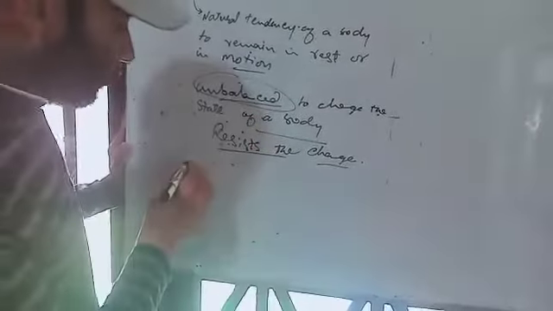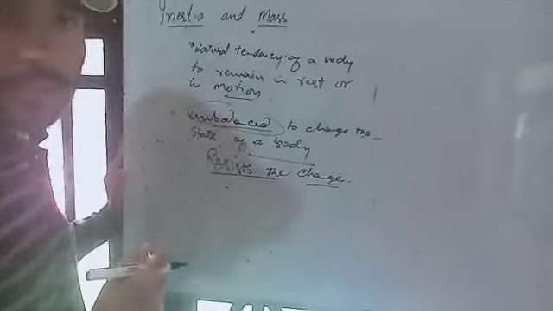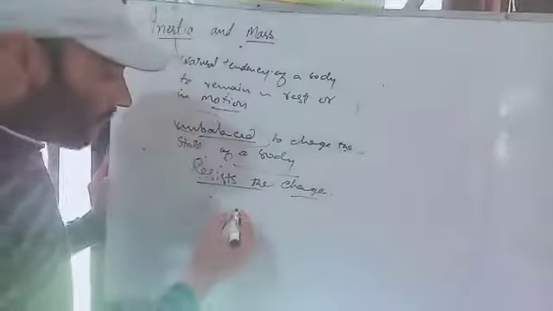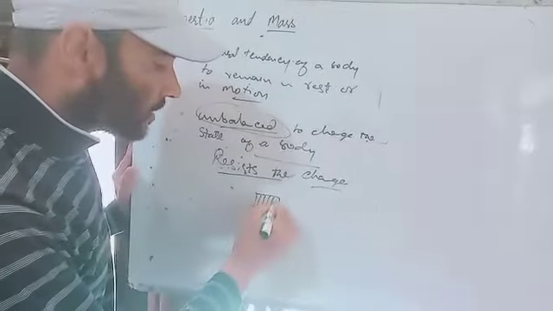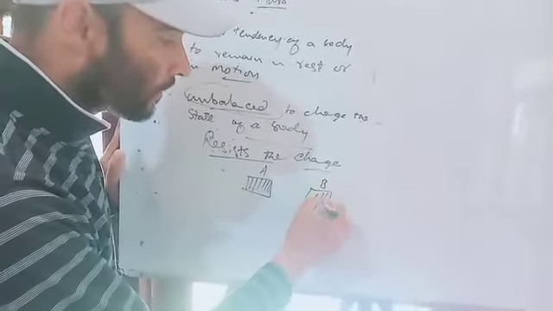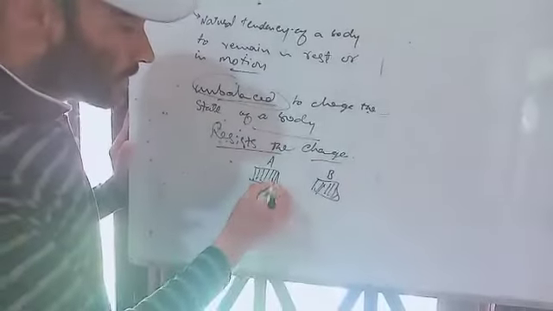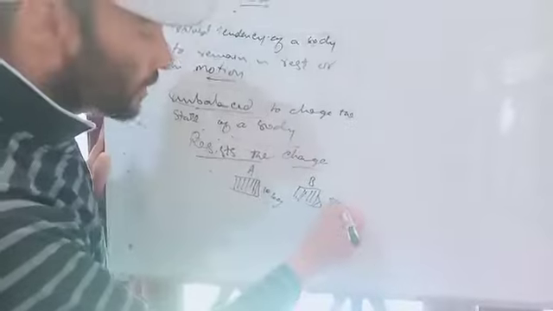But how much does that force affect the change in the state? For example, this is body A and this is body B, two bodies having different masses, 10 kg and 5 kg.